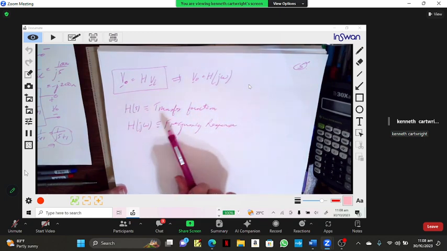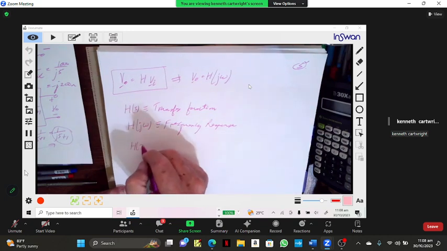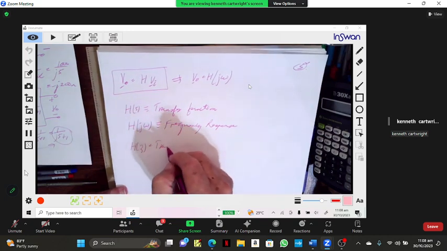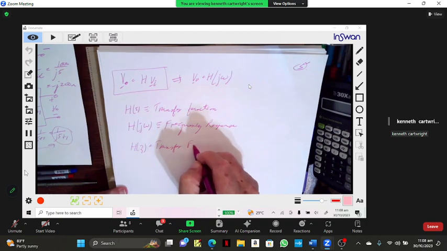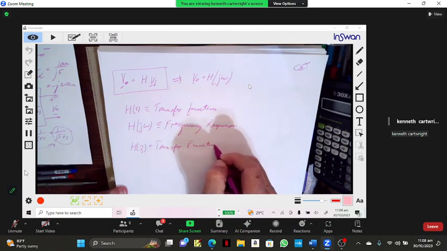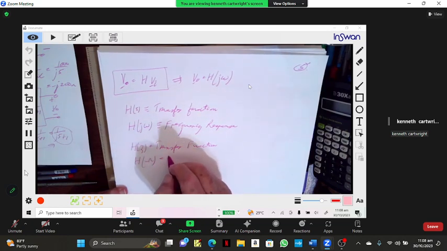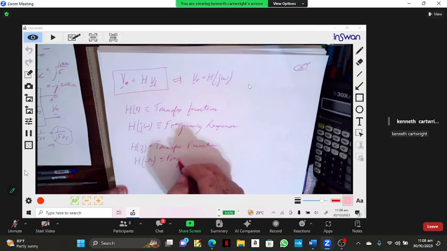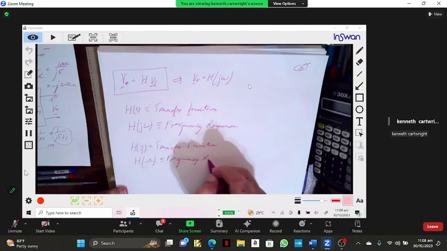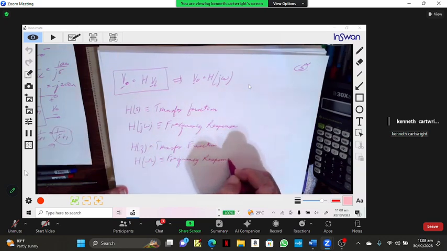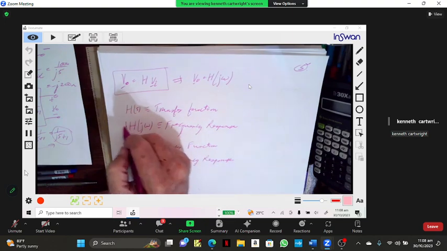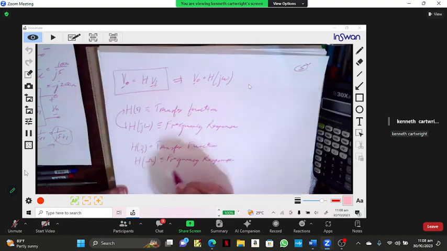Likewise, in digital we have H of z as the transfer function, and H of omega is the frequency response. We get this from that just by putting s equals j omega.